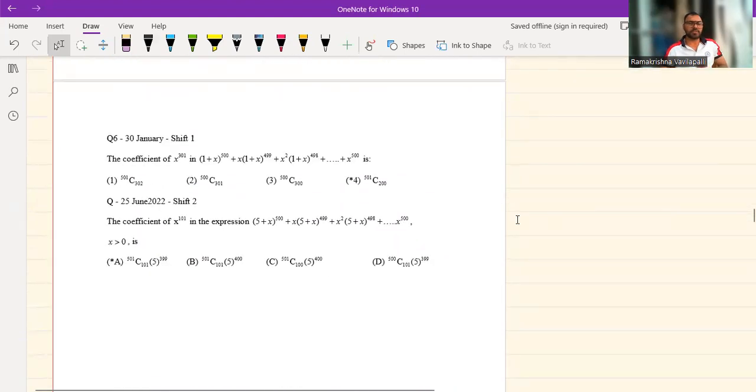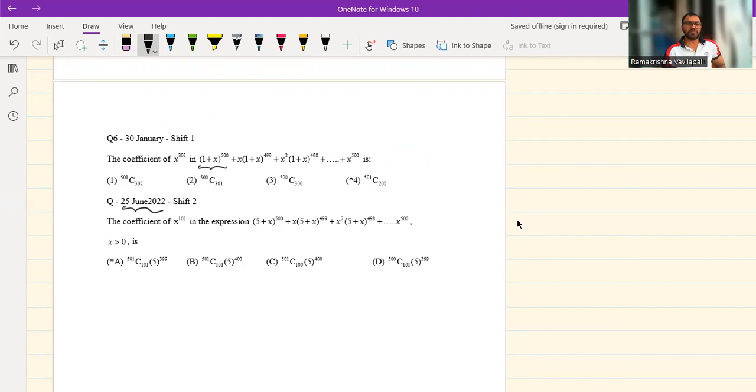Here is another question. One question was asked on 30th January 2023, and a similar question I found in June 2022, shift 2. So I will solve either of the questions. Your first observation is that in both sequences the terms are in GP.